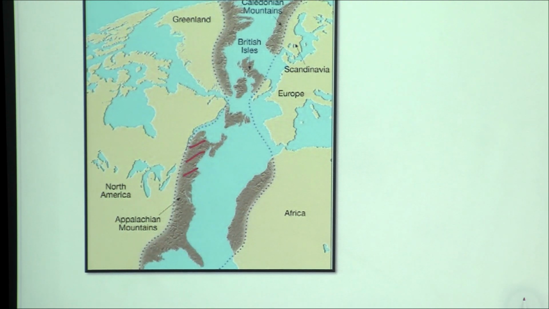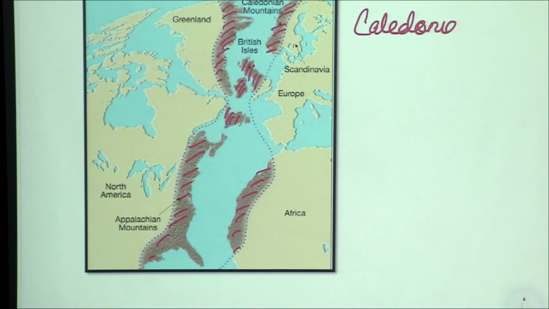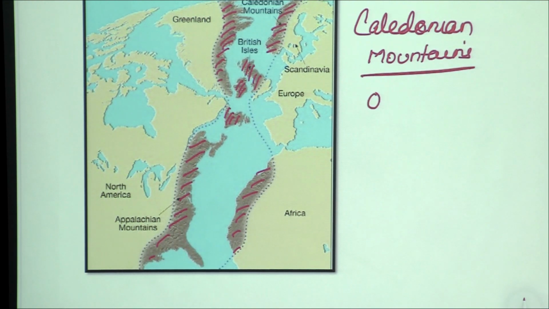The Appalachians, West African mountains, mountains in Greenland, British Isles, Newfoundland and Scandinavia. These all are called Caledonian mountains, old mountains.